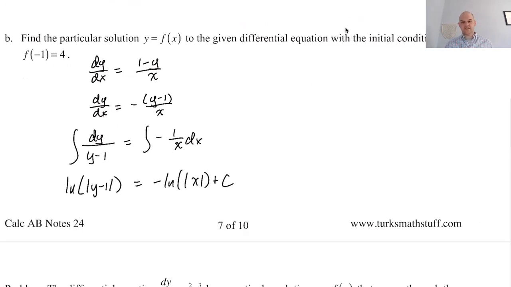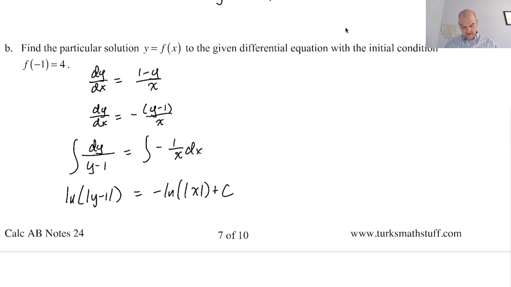Well, I'm going to exponentiate. I definitely don't want to solve for c yet. I'm going to wait and solve for c after I've dealt with some natural log stuff. So I'm going to exponentiate and write it as y minus 1 equals a new value of c, times e to the negative natural log of the absolute value of x.